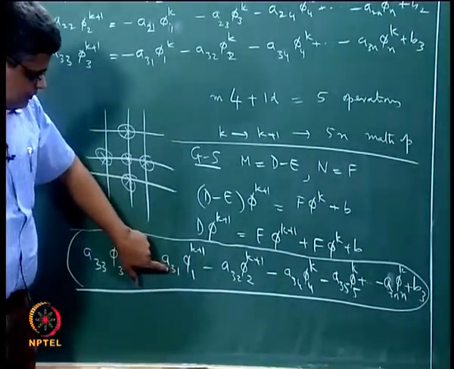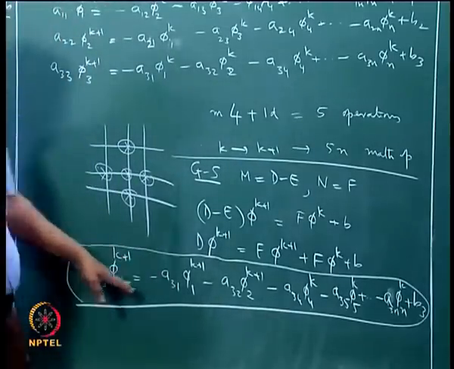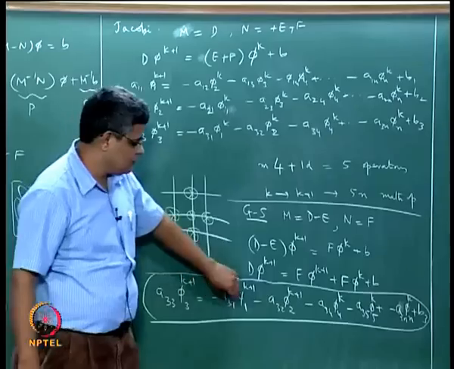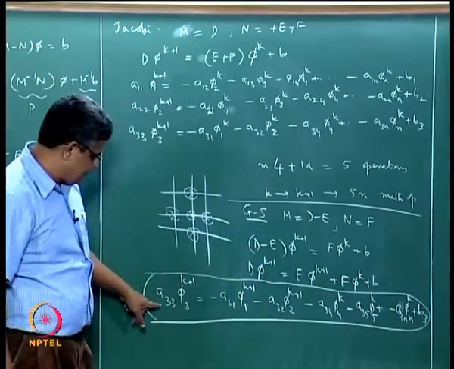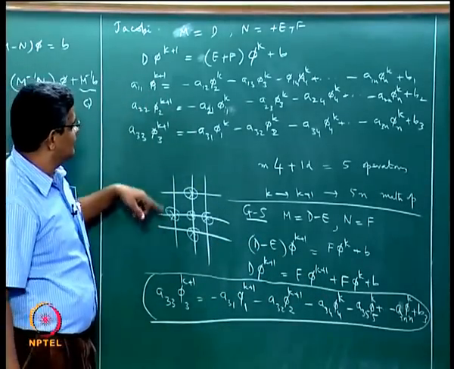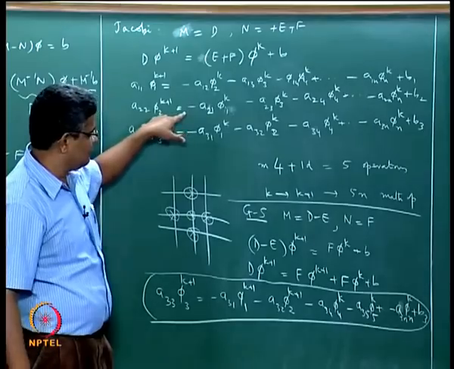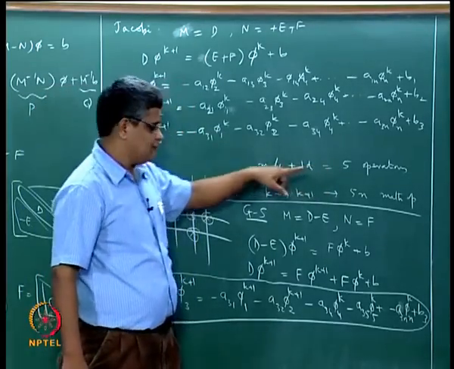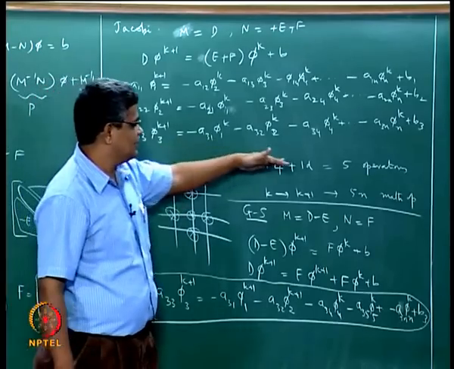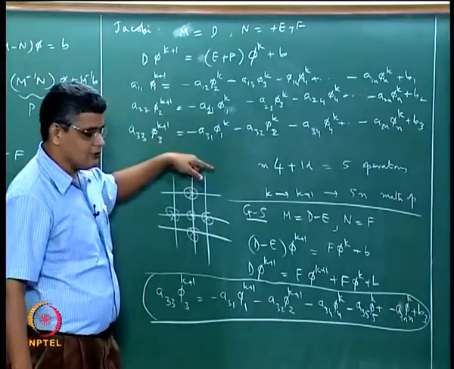Here also you have to do 1 multiplication, 2 multiplications, third, fourth, fifth, like that. So if you have 4 non-zero components on the right hand side, we have to do 4 multiplications and a division by A33. In terms of the number of mathematical operations to go from k to k plus 1 for a particular variable, it is still 5 operations, multiplications or divisions, in 2 dimensions and 7 in the case of 3 dimensions, and there are again n equations like that.